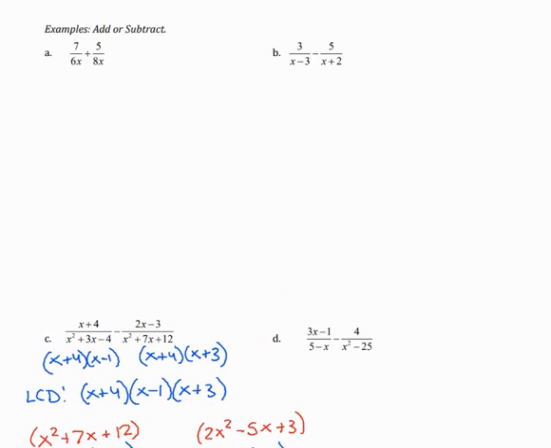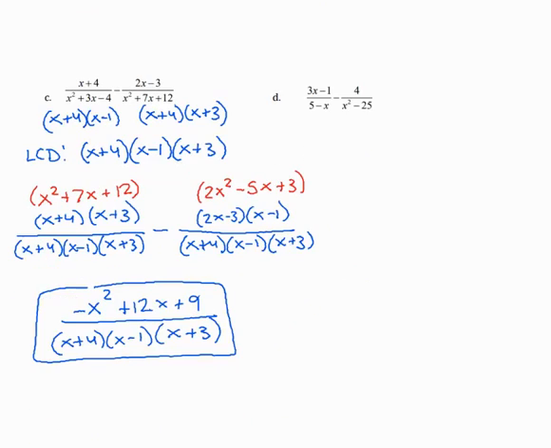Okay, so you try A, B, and D. My hint on D, that I'm going to write right here, is to factor out a negative 1 in the first fraction. Okay, so give those ones a try, and we'll see how you do.